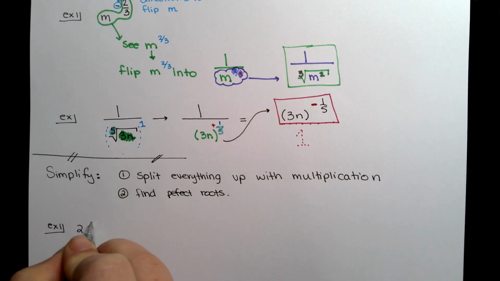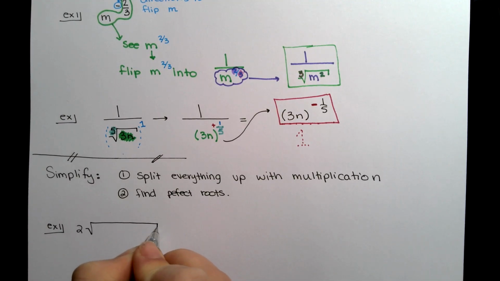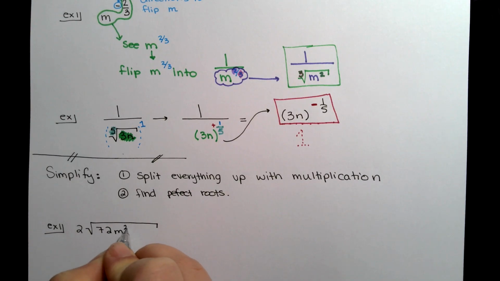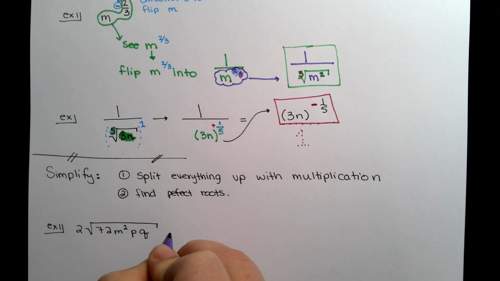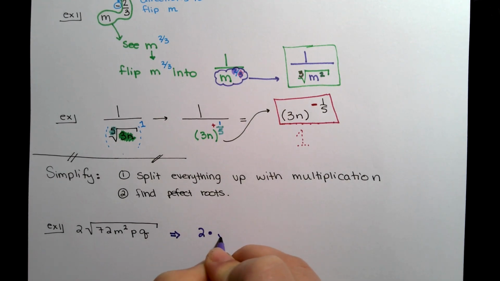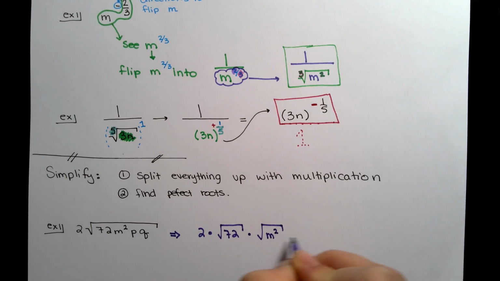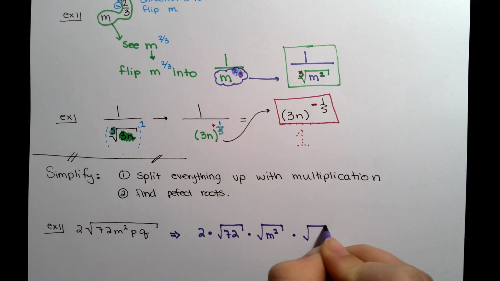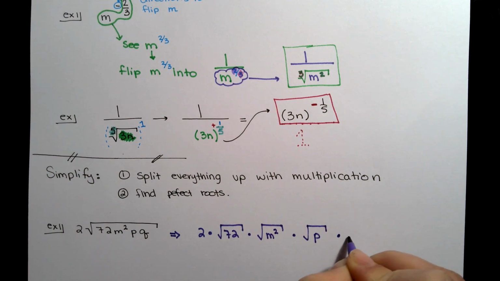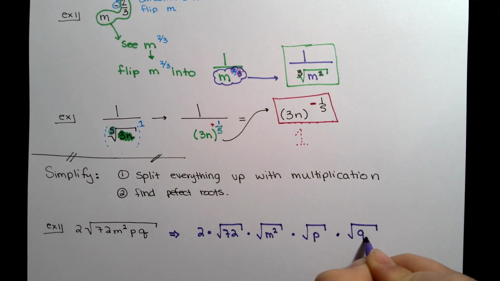Okay, let's go ahead and start with an example with our very basic square root. 2 root, and you want to extend this out because we have a couple things, 72 m squared p and q. You're going to first split everything up into multiplication. 2 times the square root of 72 times the square root of m squared times the square root of p times the square root of q.